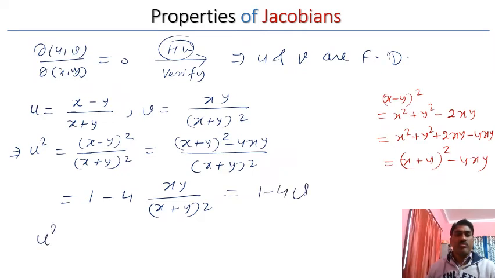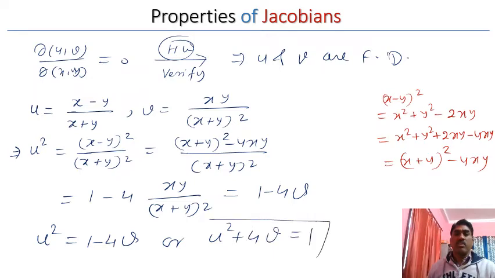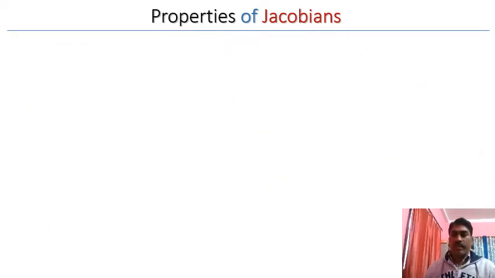So u square is equal to 1 minus 4 times v, or u square plus 4v is equal to 1. So this is our required relation. So we have proved that these functions are functionally dependent and also have some relation. So showing the relation is just verifying that the determinant says true.